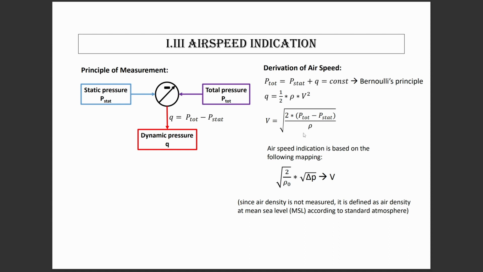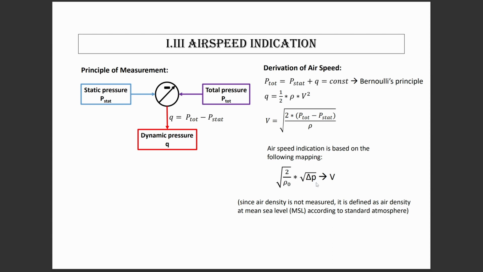Well, we use the air density at mean sea level as our reference density, because in these old aircraft we don't have computers or measurement tools on board that can measure the air density and then correct the value, for example, to indicate a true airspeed. So the instrument is just calibrated for our air density at mean sea level, and that's what we plug in, no matter how high we fly.